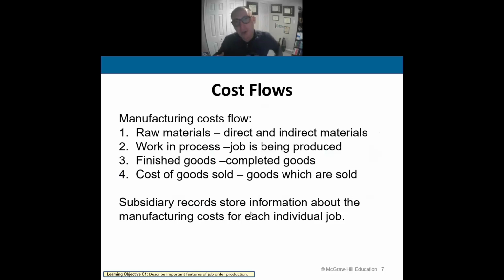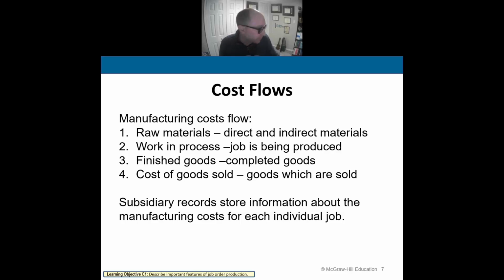In manufacturing, the costs flow with the job. What I mean is, each job starts as raw materials. To make a car, I need steel, aluminum, car engine components, other parts. Those are my direct and indirect materials.